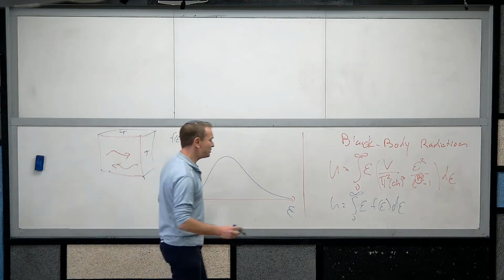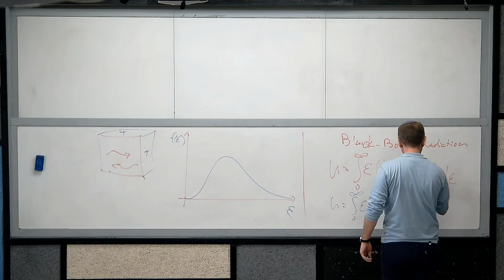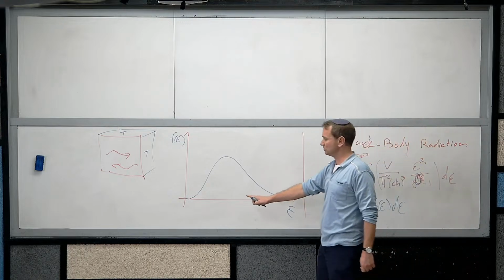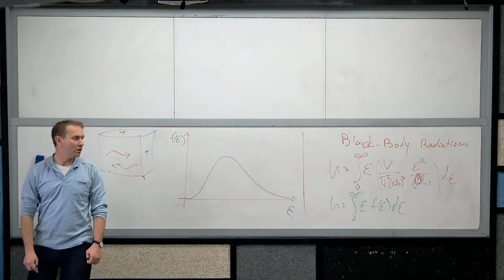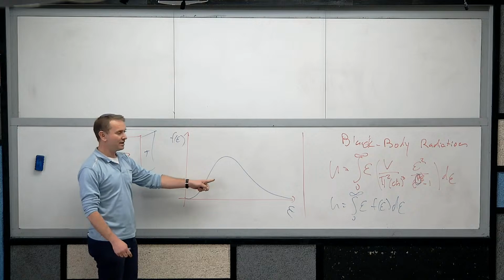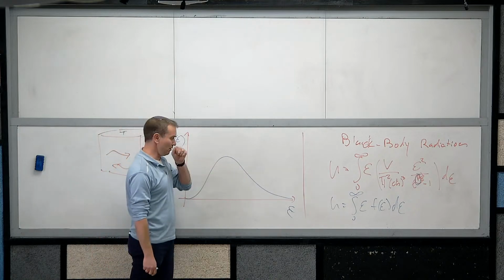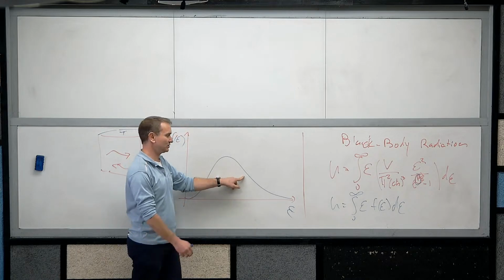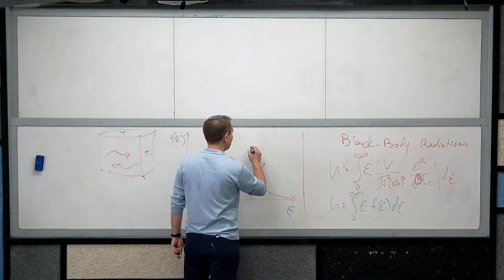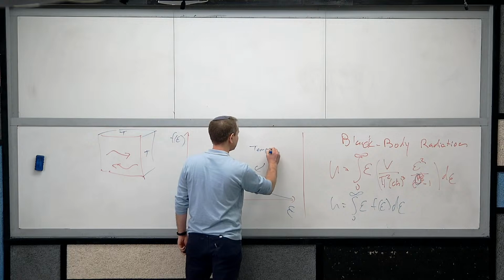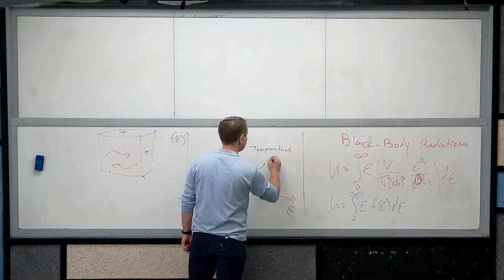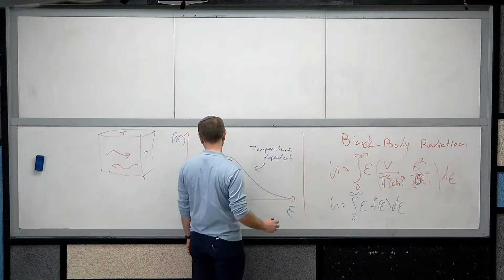So if we know the properties of the spectrum, or we can measure the spectrum, we immediately can determine what the temperature is. So it is a temperature-dependent shape.